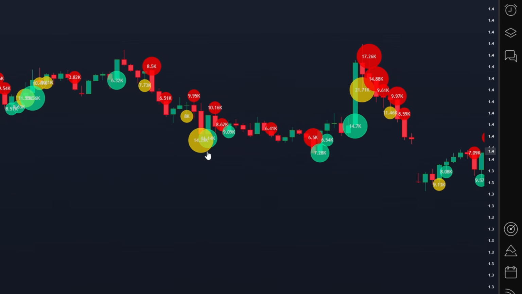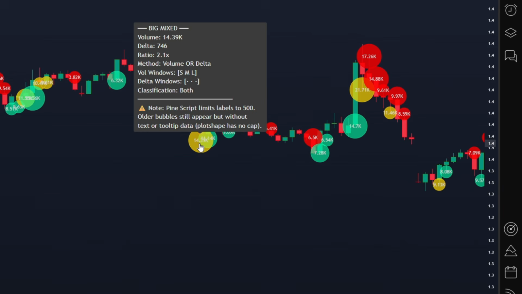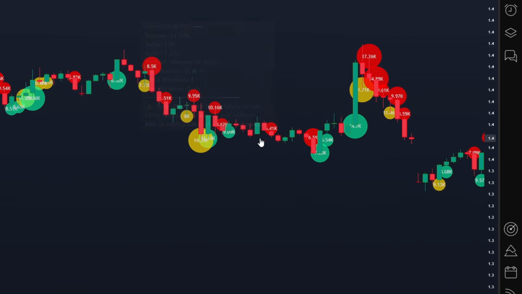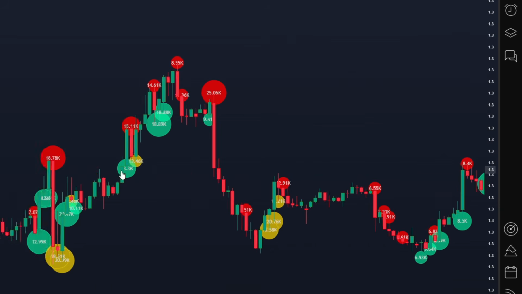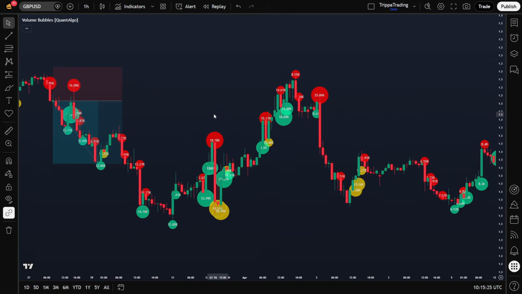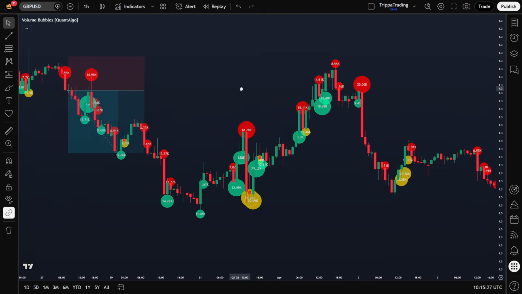Yellow is different. Yellow means there was high volume, but there was a conflict between candle direction and volume delta direction. In simple words, there was increased activity, but without a clean directional bias. So green is bullish confirmation, red is bearish confirmation, and yellow means the signal is mixed.